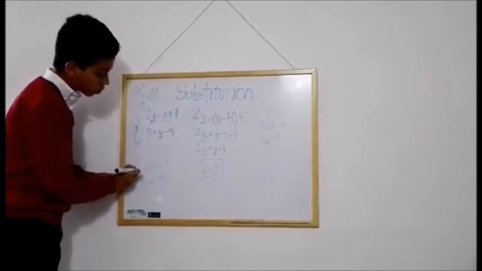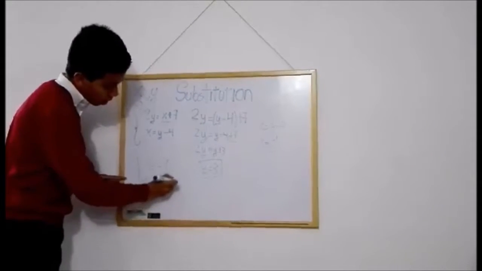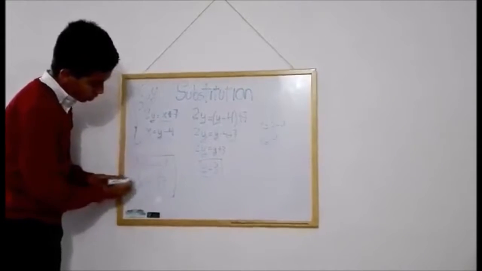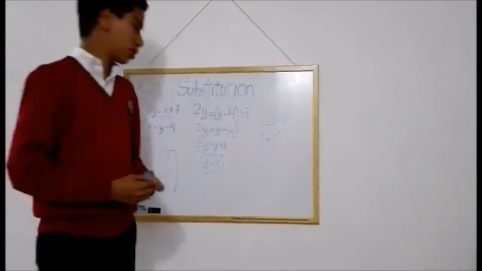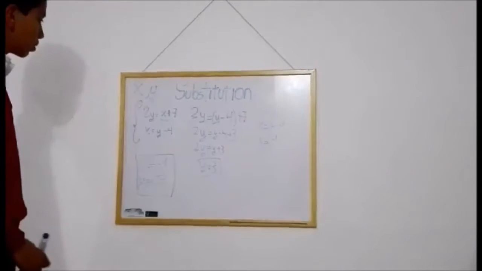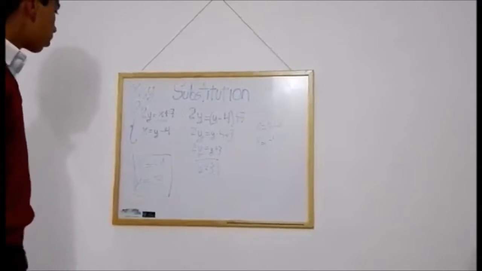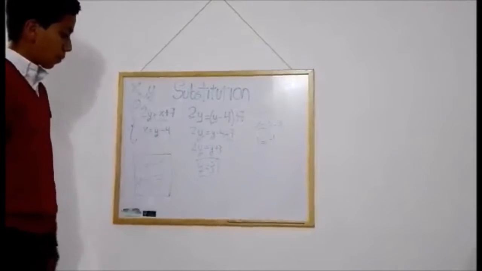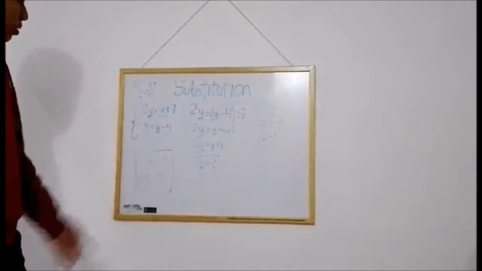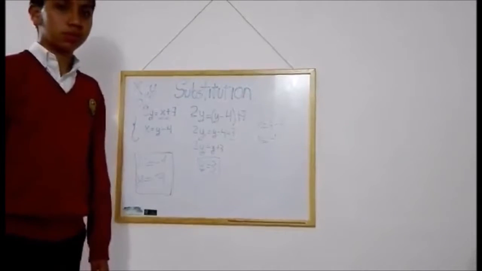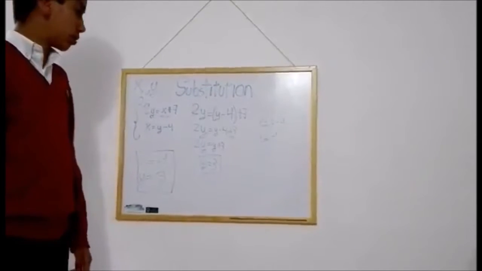So the solution of this system is x equals -1 and y equals 3. You can verify that this works in this equation right over here: 2 times 3 is 6, which is indeed equal to -1 plus 7.